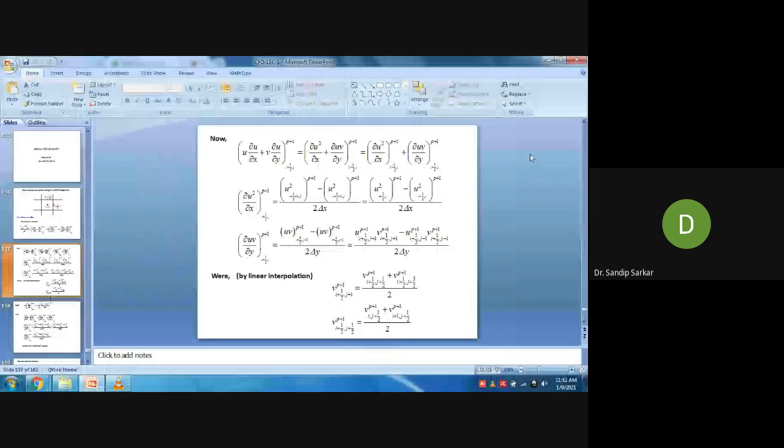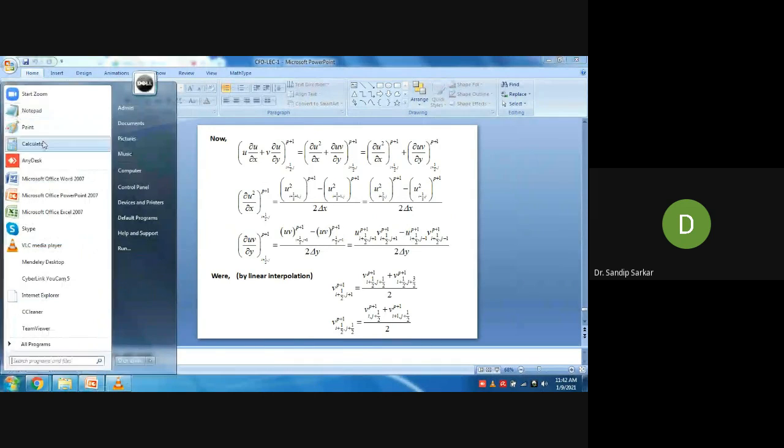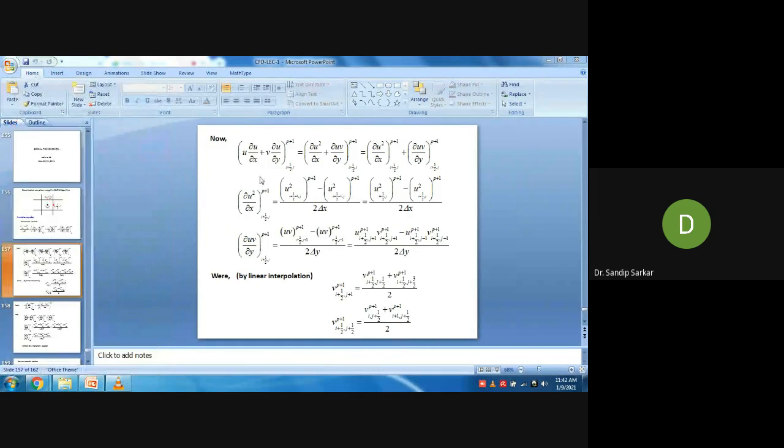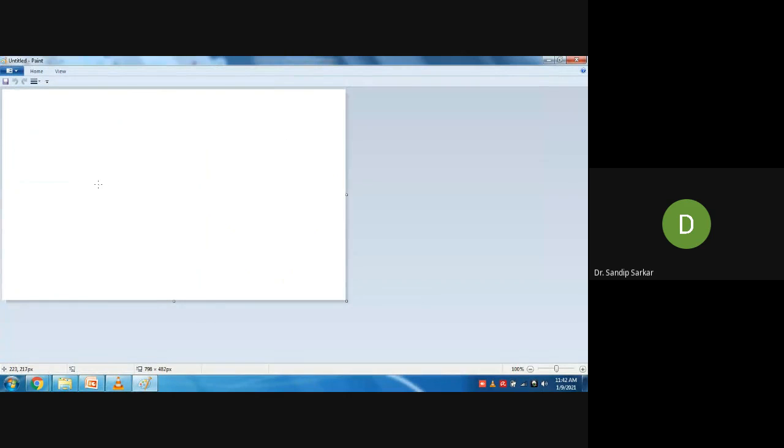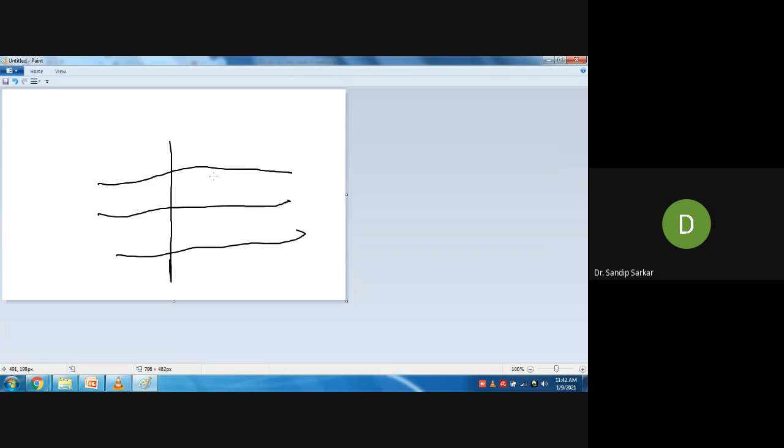Well, let us examine it for more clarity. Let me show you in Paint, so it will be clearer to you. So these are the grid points. Let us say this is (i plus half, j).